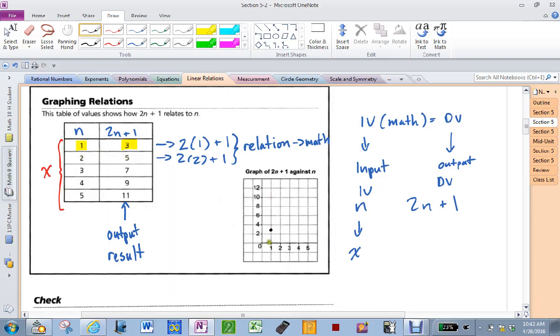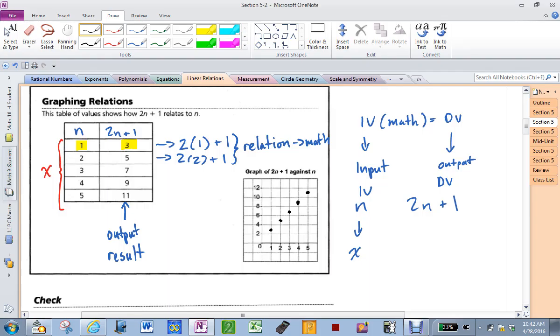2, 5. 2, 5. 3, 7. 4, 9. 5, 11. What do you notice? It's a line. It makes a straight line. Right?